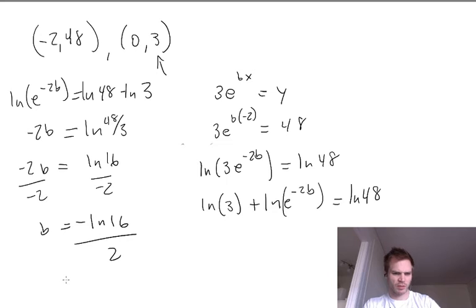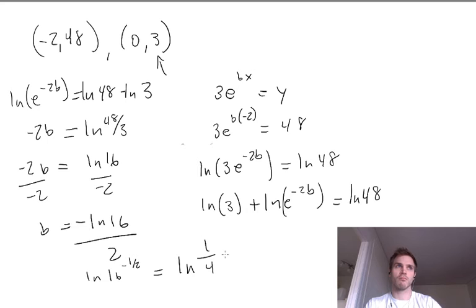And actually, I think we can simplify that. Let's see. So this is negative 1/2 times log 16. So that's log of 16 to the negative 1/2. Does that make sense? So this would be equal to log of 1/4.